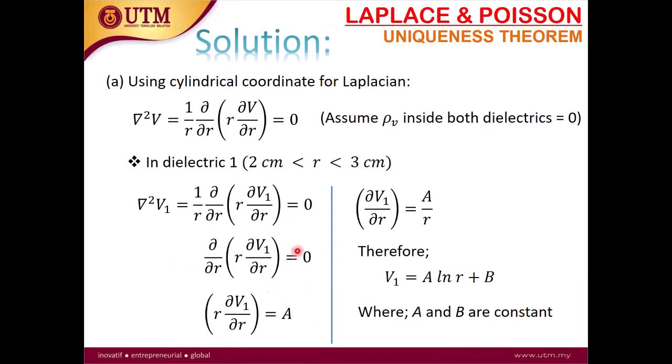The integration of 0 is equal to a constant, which we rename as A. So we have R dV1 over dR equal to A. Then we bring R to the right-hand side, so we get A over R. And then we make another integration. So our final solution is V1 equal to A ln R plus B, and B is another constant.